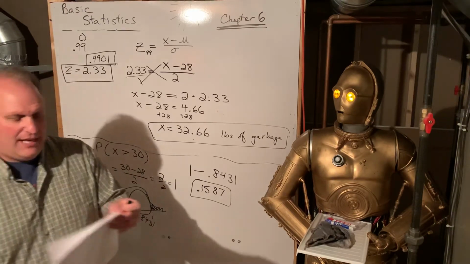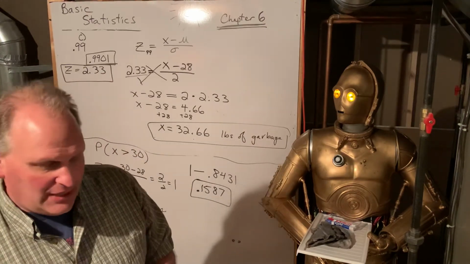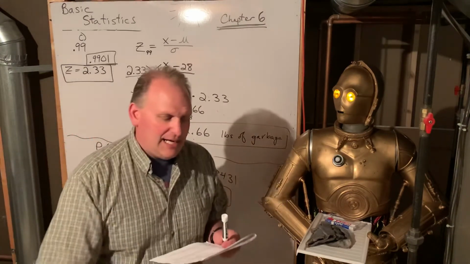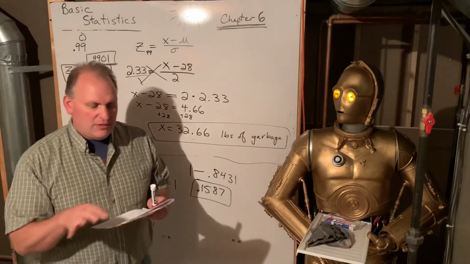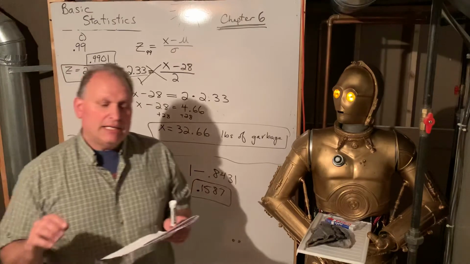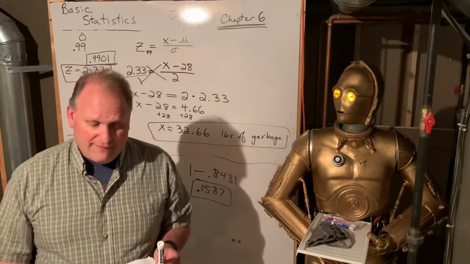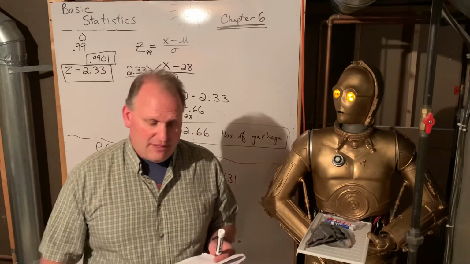Okay, so again, with the tech, you can use the tech. If you want to use the tech, you already own a TI-83, TI-84, you can do what's called the inverse norm and plug those numbers in. Again, I caution you that on Excel, you can find it under norm inverse and put in the values.